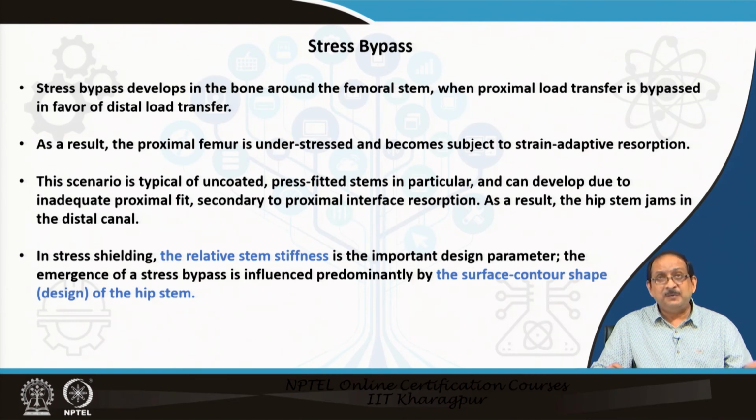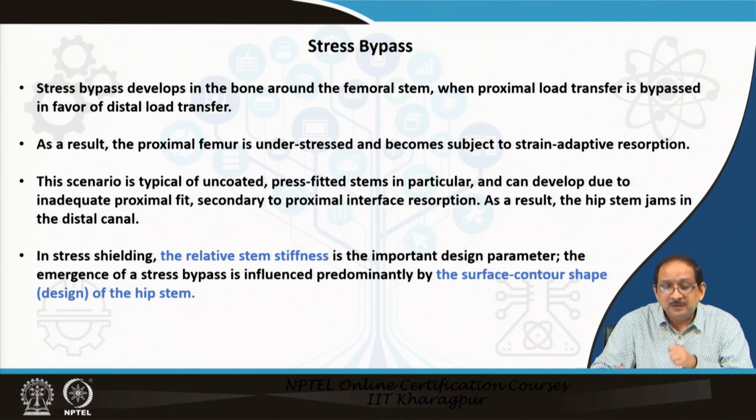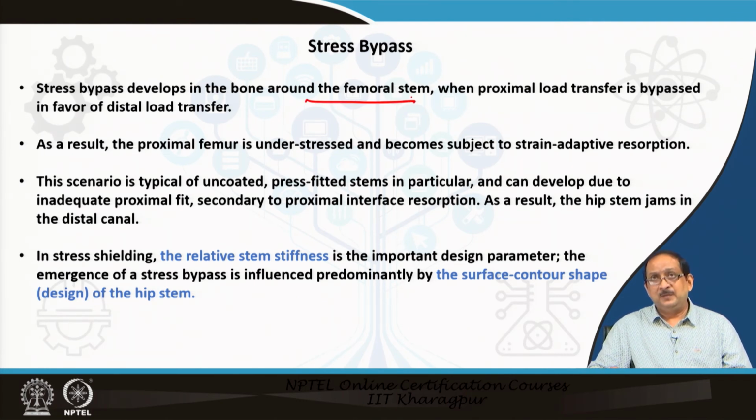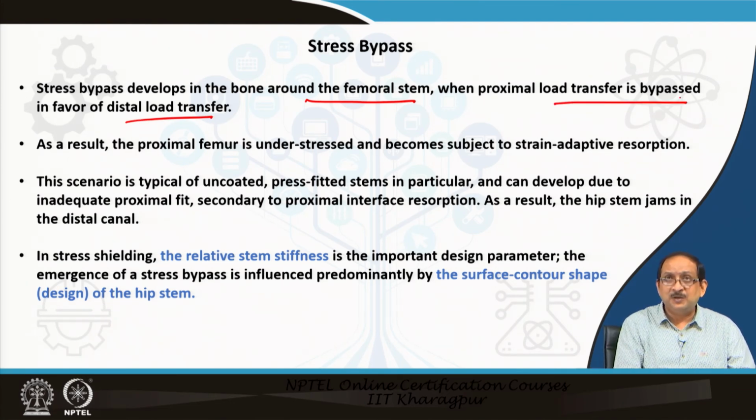Now, stress bypass develops in the bone around the femoral stem when proximal load transfer is bypassed in favor of distal load transfer. So, in this case the proximal load transfer is bypassed in favor of distal load transfer.